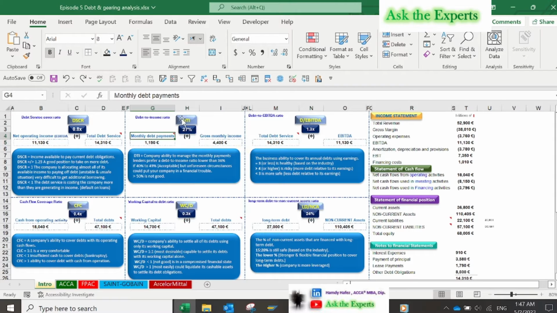If the DTI equals 40 to 49%, it will be acceptable. But take care about unforeseen circumstances, as they could put your company in financial trouble.